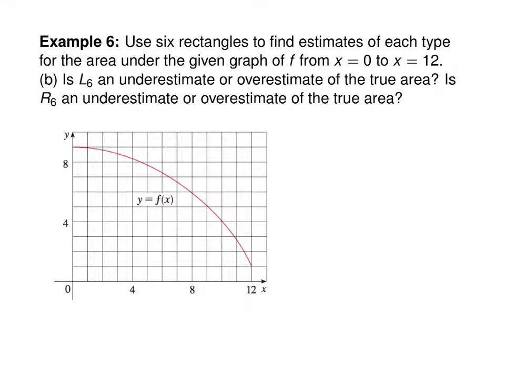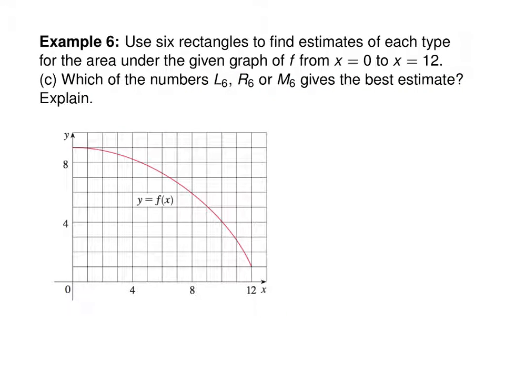So those pictures, was L6 an overestimate or under? L6 was an overestimate, R6 was an underestimate. Which gave the best estimate? The best was M6.